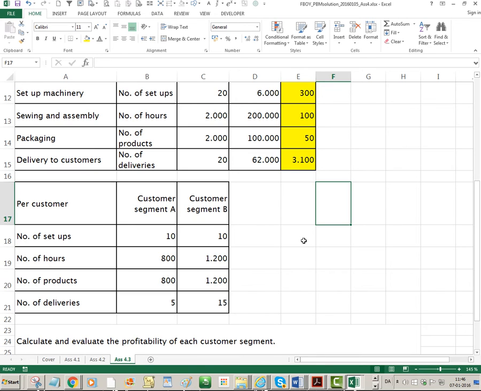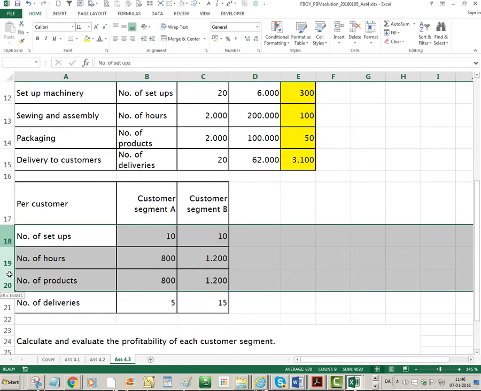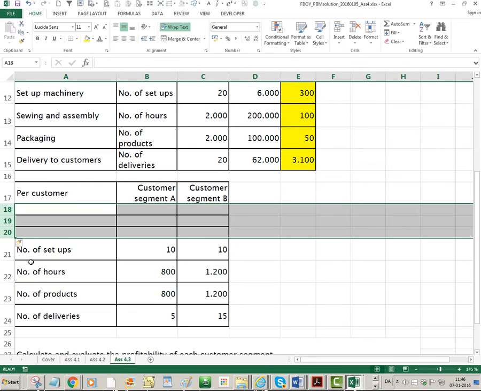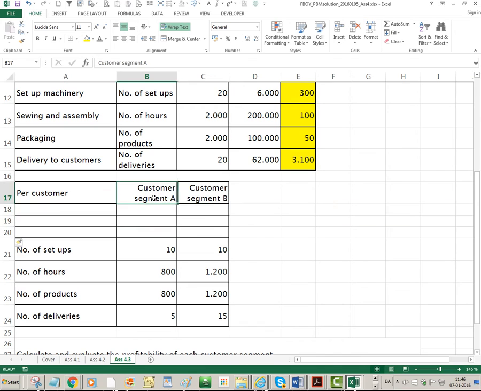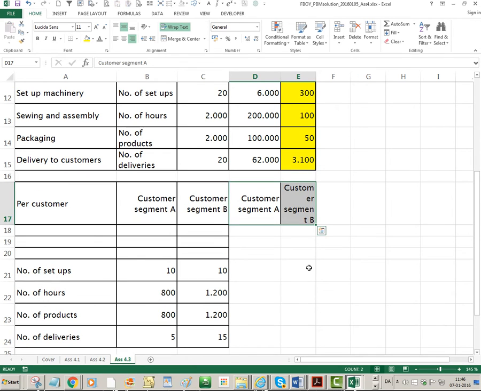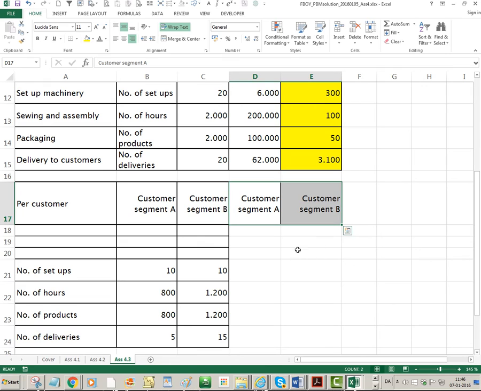I think we'll add some extra columns here and some extra rows up here, so we combine this with the table from the assignment text. I don't remember exactly how many we need, but we'll find out. And I will also copy this. Is that a good way to do it?